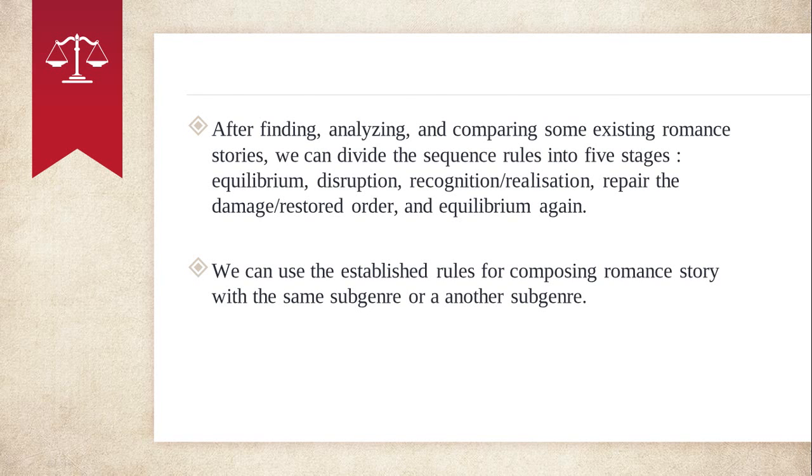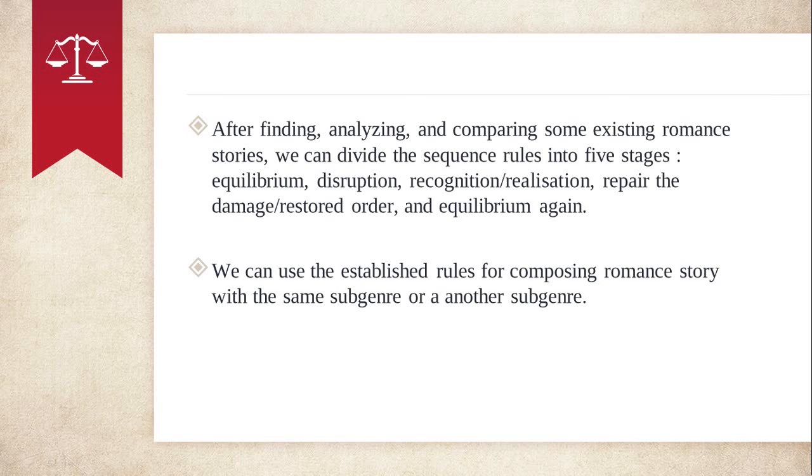In the second level, we determine the rules for organizing events that apply in a certain genre, especially romance. After the third step, which is finding, analyzing, and comparing some romance stories, we can divide the sequence rules into 5 stages. The first stage is equilibrium, or a stable situation. The second stage is disruption. The third stage is recognition or realization.